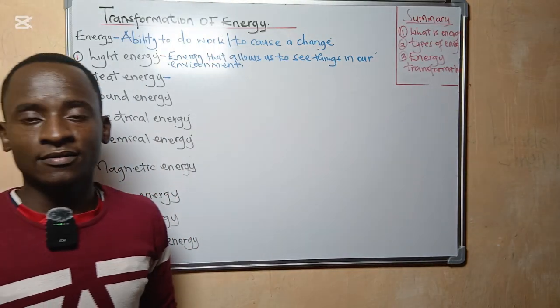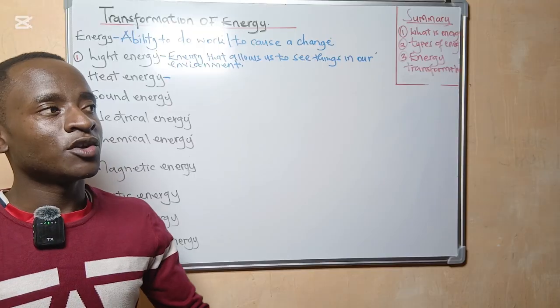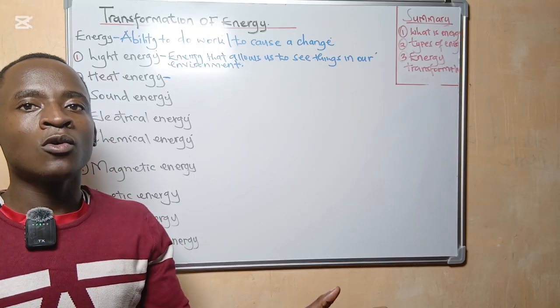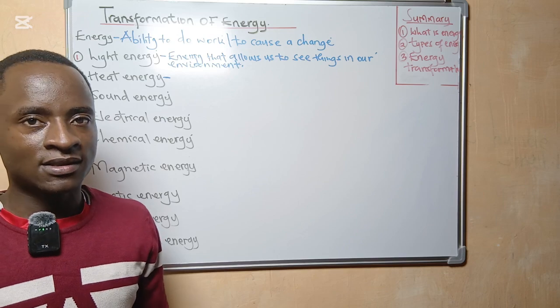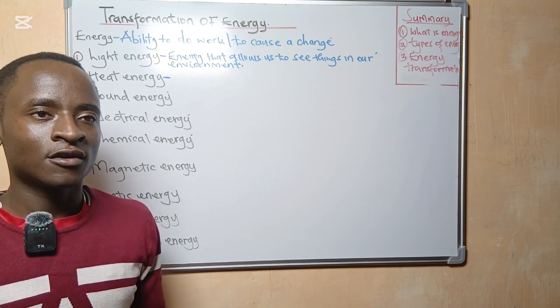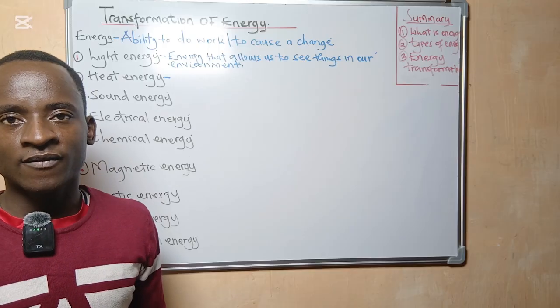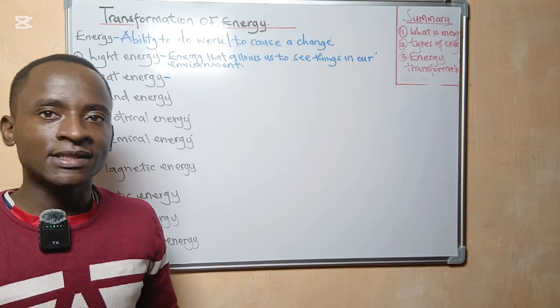Heat energy. Let me use this example, boys and girls. We use heat in the kitchen to cook, to prepare various substances which help us to survive in this life. Now, what is heat energy?